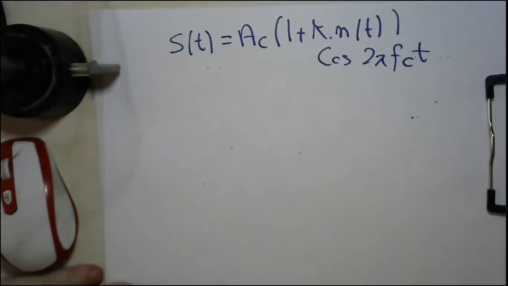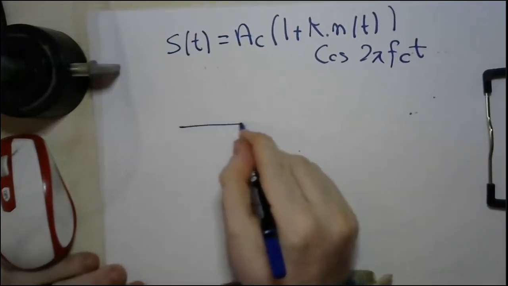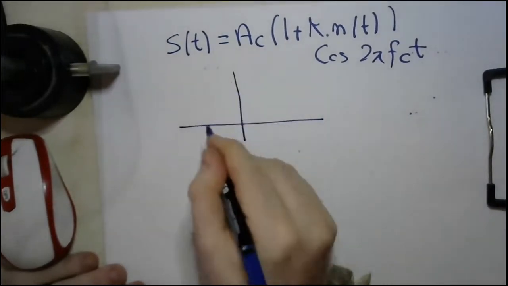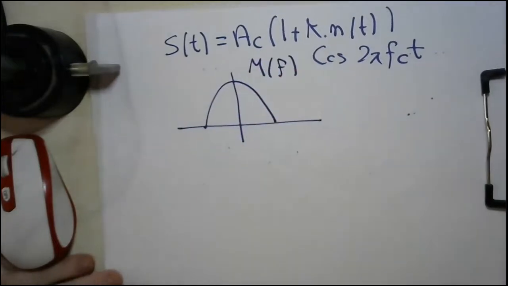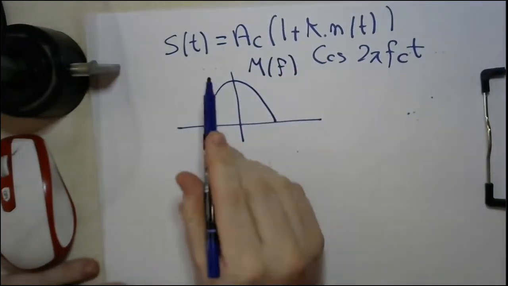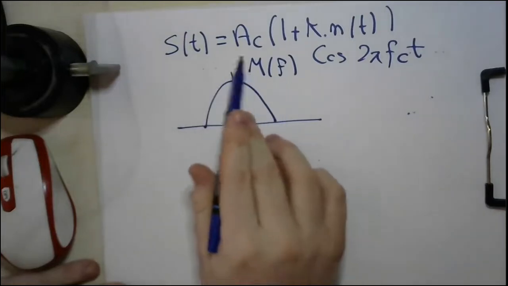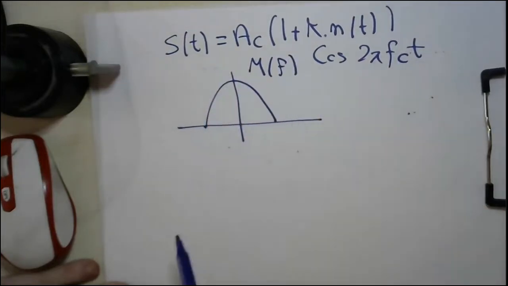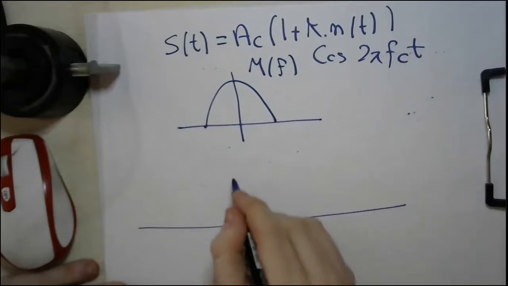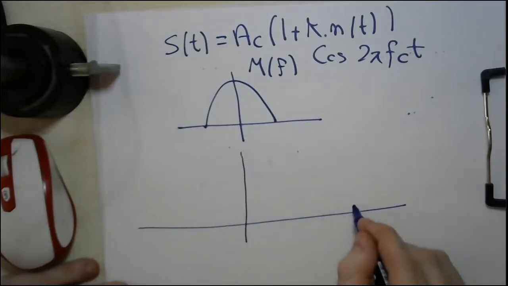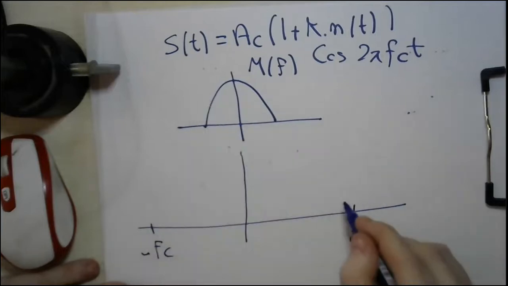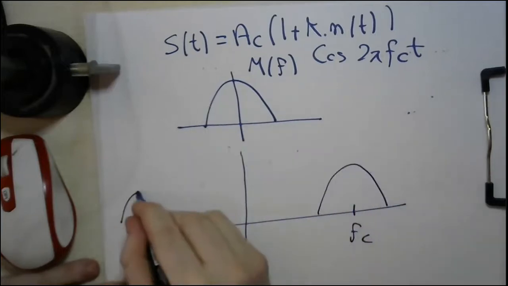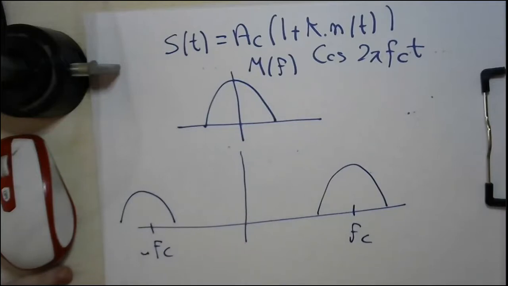Okay. Then, if you have any message signal, this is M(f). Now, what you are going to do is multiply this message with a carrier. So simply, you will have at f_c and at negative f_c this shifted message. This is actually the modulation process, as we already understand.